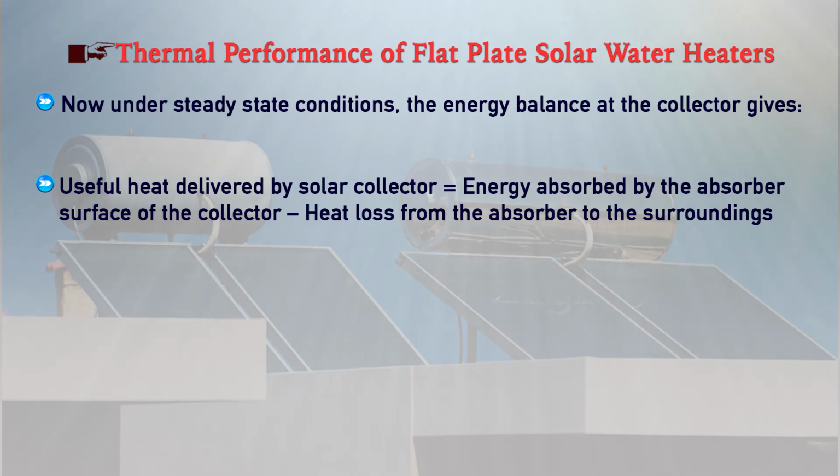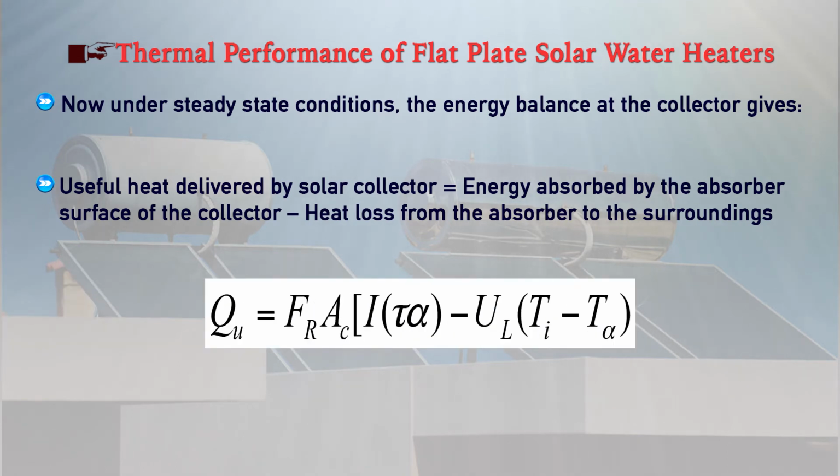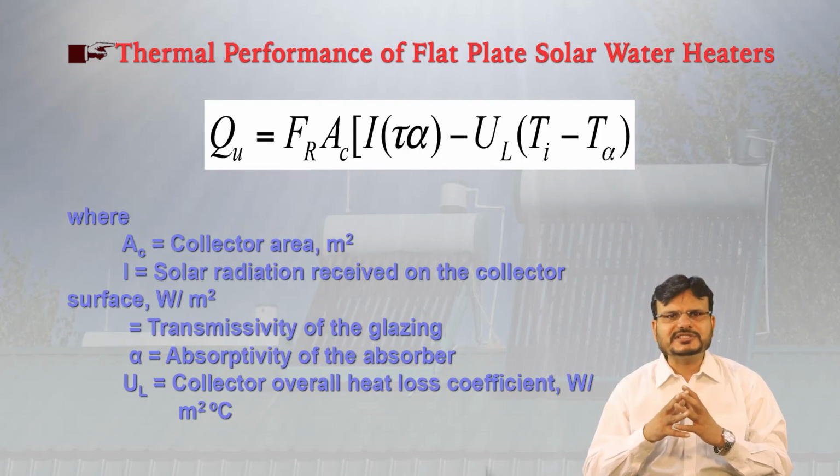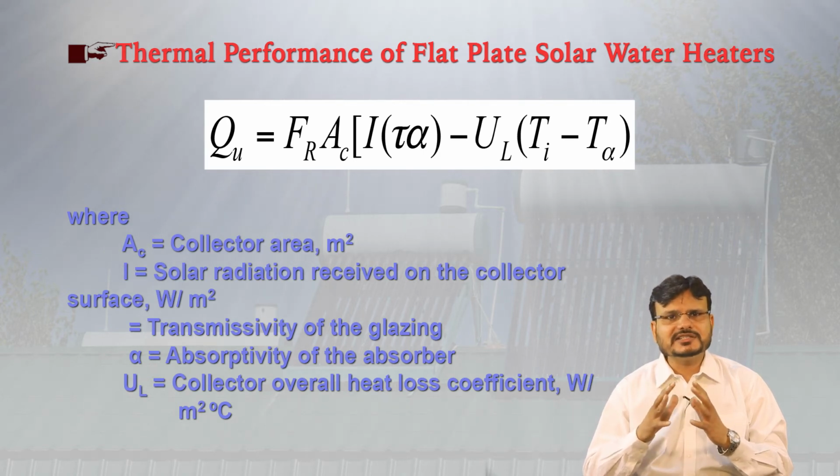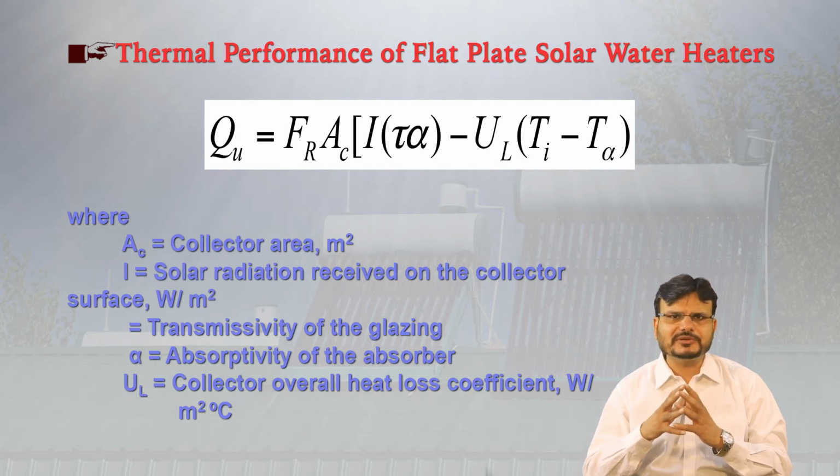So, useful heat delivered by the solar collector can be written as Q_u = F_R multiplied by A_c multiplied by [I multiplied by tau, that is the transmittivity, multiplied by alpha, which is absorptivity, minus U_L multiplied by (Ti minus Ta)], where A_c is the collector area, which is measured in meter square, and I is the solar radiation received on the collector surface, which is denoted by watt per meter square.